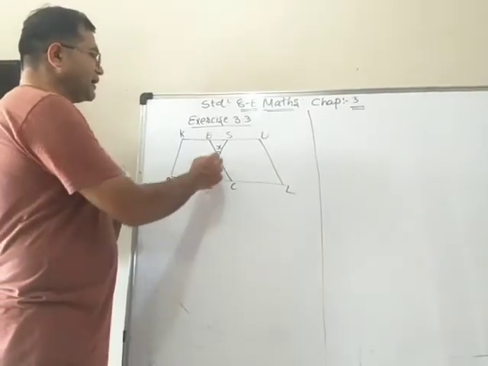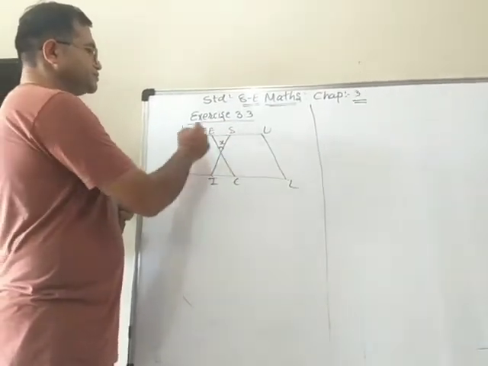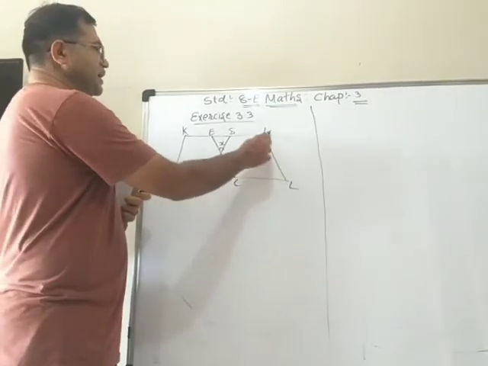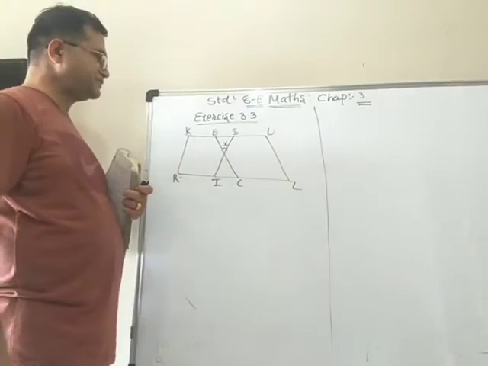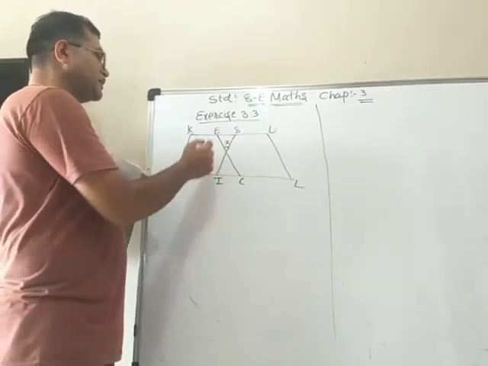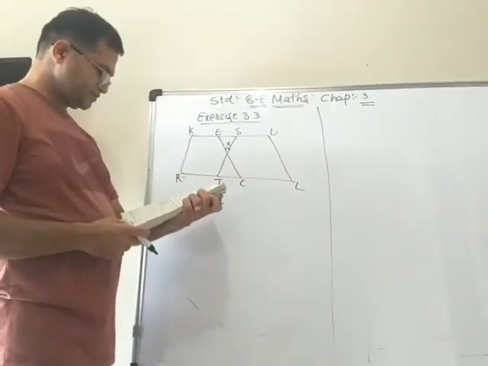One is RISK, and the other one is CLUE. So there are two parallelograms and we have to find the value of x.